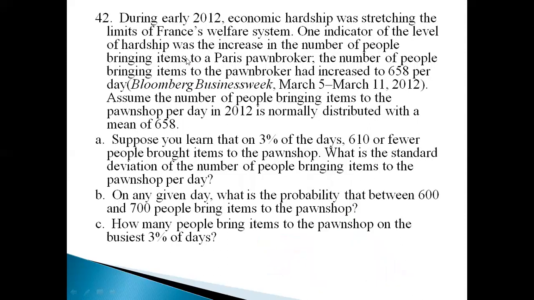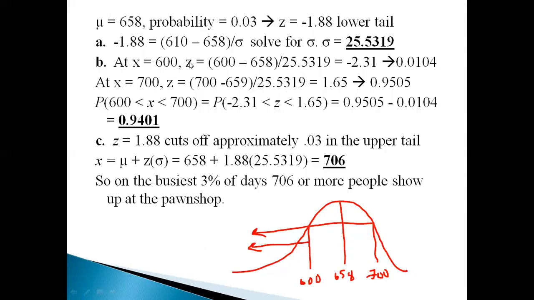Now, for B, we want to look between 600 and 700 people. Okay, so really this is what we're doing here. We know 600's over here, our mean was 658, 700's here. So we're going to subtract the probability at 600 from the probability at 700 to find the probability between the two. So we plug x is 600 into our z equation.